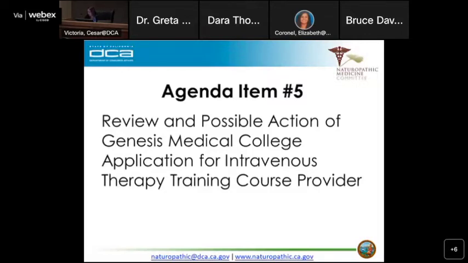We can write up a denial for this application provider, and then let them know where their deficiencies were and provide them the information on our IV therapy statutes so that they can either come up to our standards and apply again, or they will move along. We can definitely do that, but we will need to take an action vote on this today.